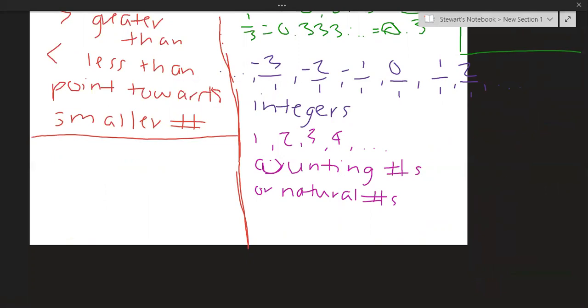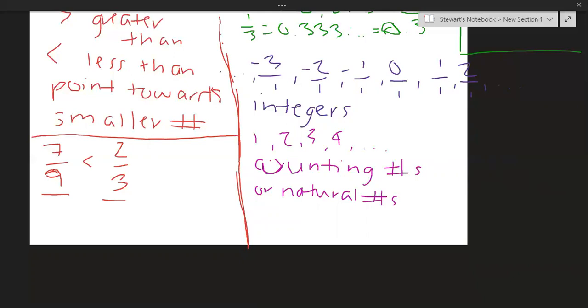So 7/9 is less than 2/3, that's the statement we are given. Well, in order to adequately compare these, we're going to need a common denominator, which means we need to make the denominators the same. Luckily for us here, 9 is a multiple of 3, so we can multiply 3 by another number to get to 9. So we don't have to do anything to this fraction, we just have to do something to this one.